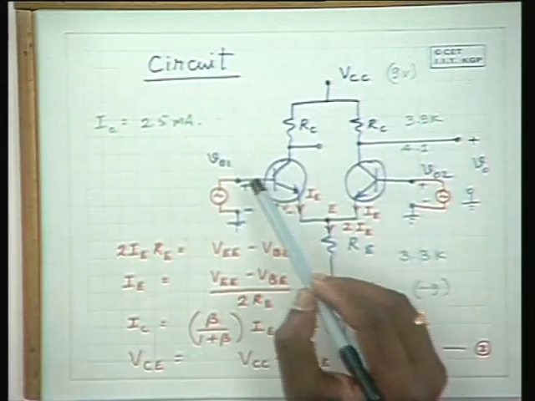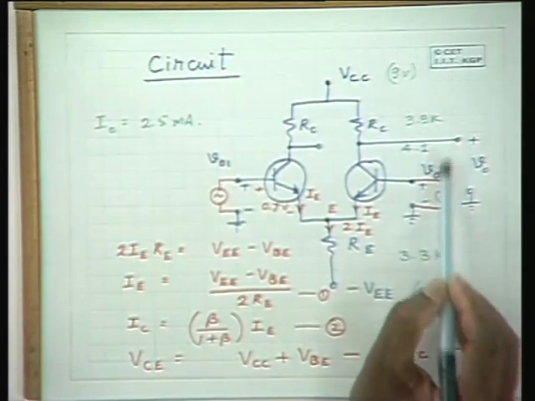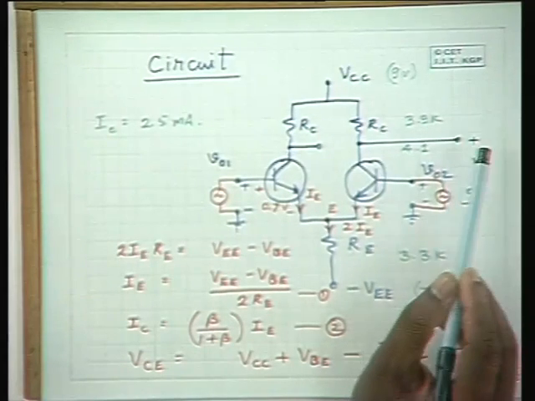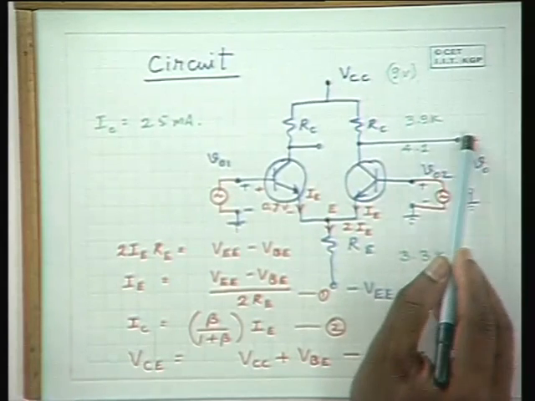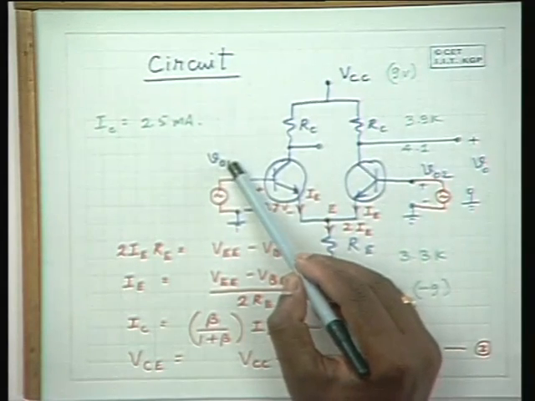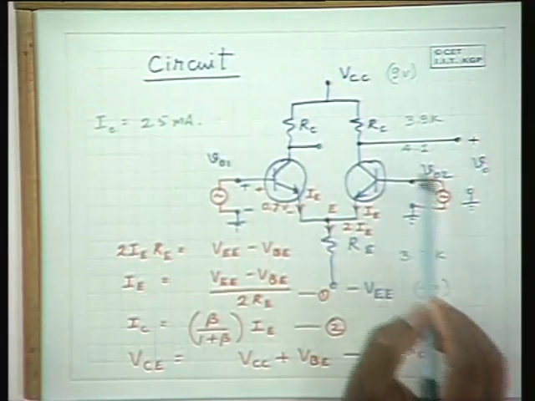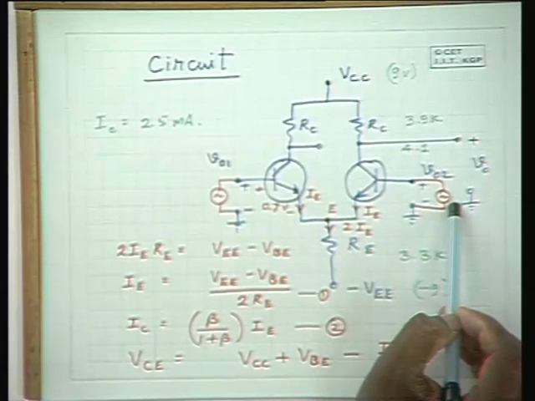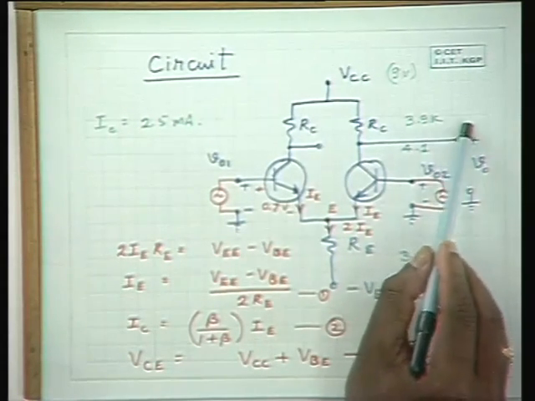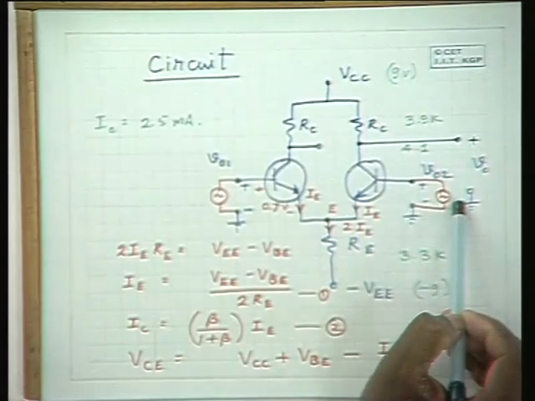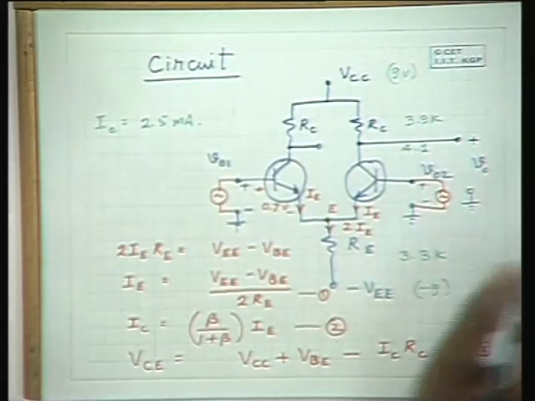Between this output and this input, there is a positive gain, and between this input and this output, there is a negative gain. Hence, this output is a gain multiplied by this voltage plus an equivalent negative gain multiplied by this voltage, or the output is equal to that gain multiplied by this voltage minus this voltage. Hence, this amplifier works like a differential amplifier.